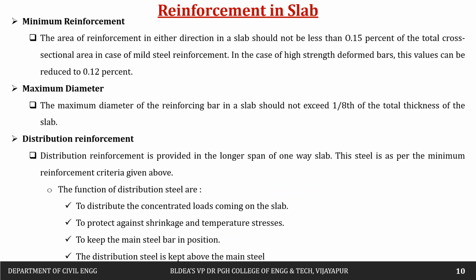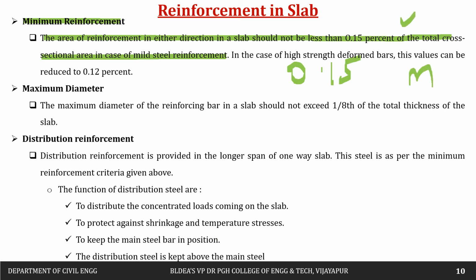Next, what should be the minimum reinforcement provided in the slab. The area of reinforcement in either direction in a slab should not be less than 0.15% of the total cross-sectional area in case of mild steel, and in case of HYSD bars this value is reduced to 0.12%.